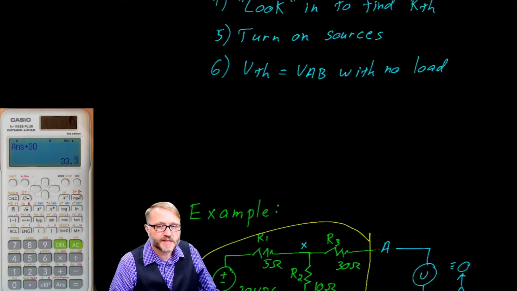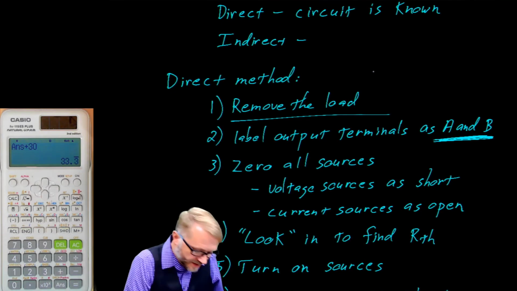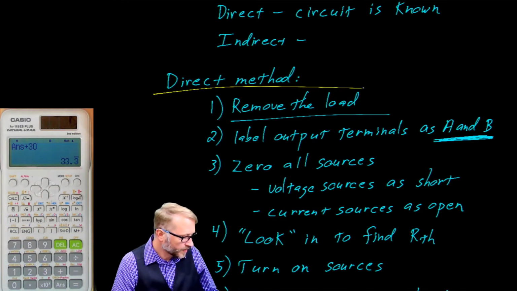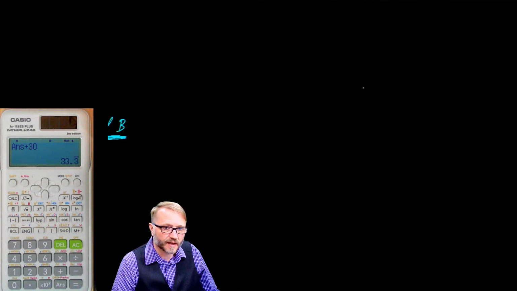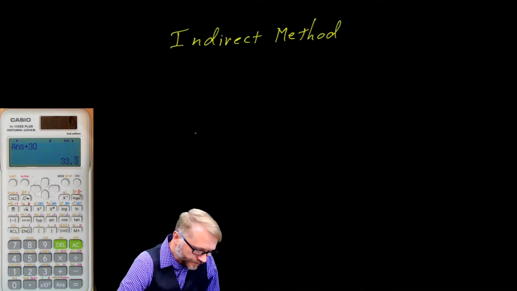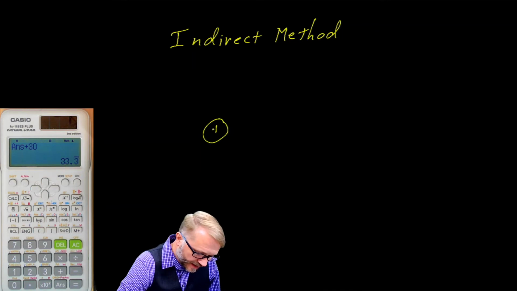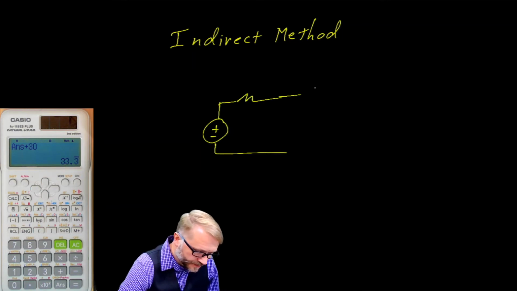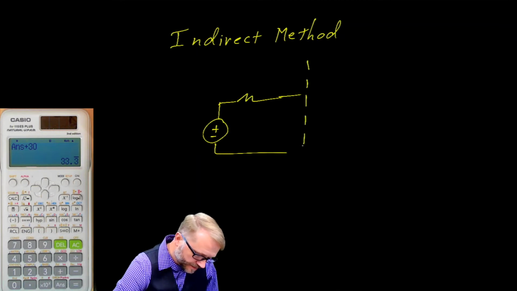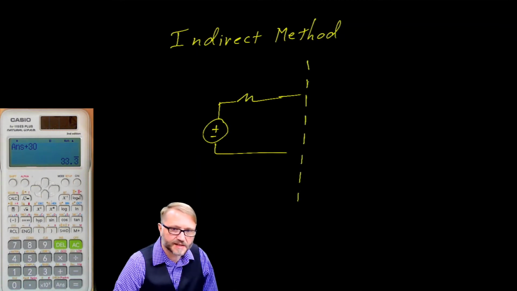Okay, so that was an example of the direct method. What we're going to do now is talk about the indirect method. In this case, you have some power supply, but it's hidden, right? You cannot see what's inside.